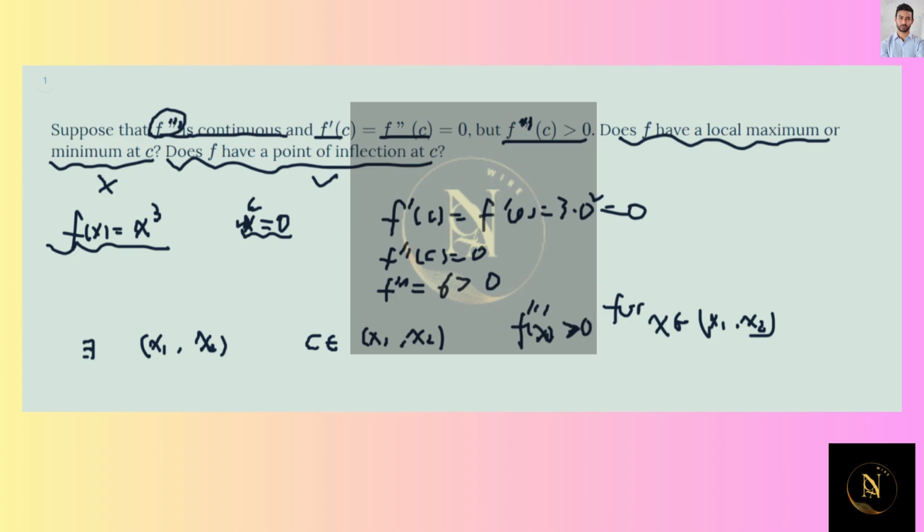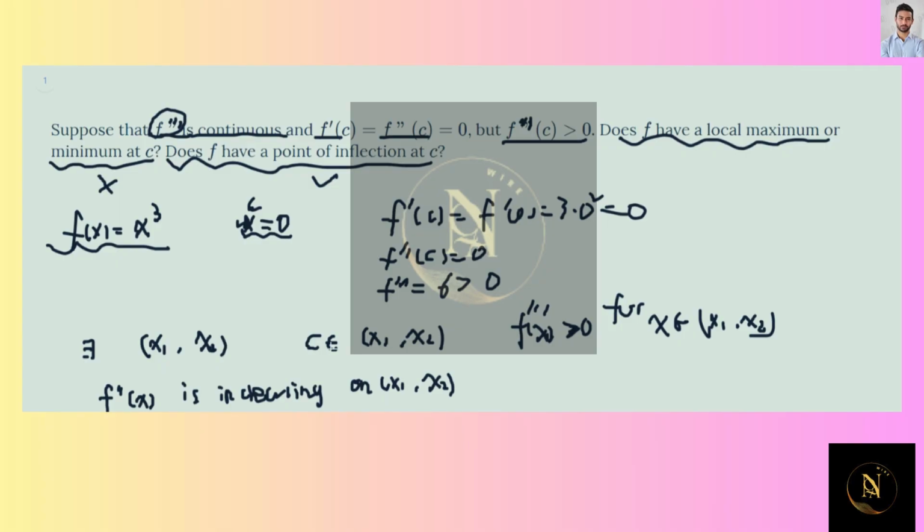So we have the second derivative is increasing on the interval x1 to x2.